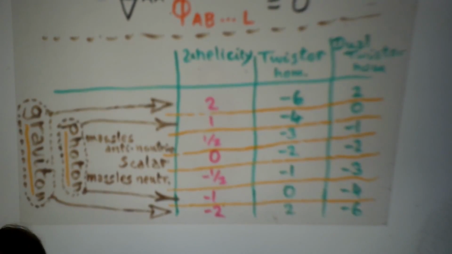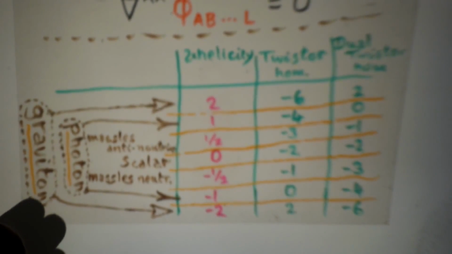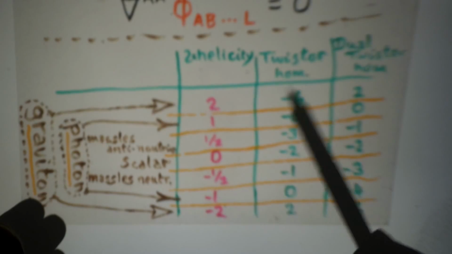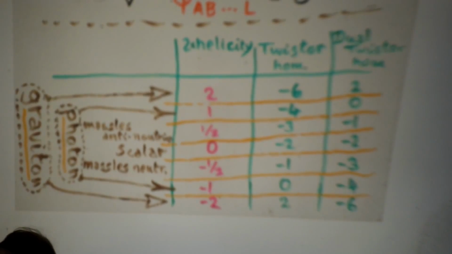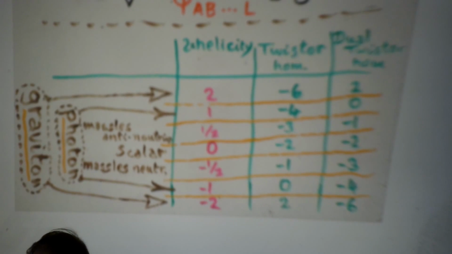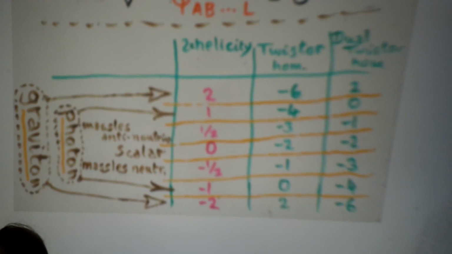And for a linearized graviton, you would have helicity 2 or helicity minus 2. Helicity 2 gives you minus 6, and minus 2 gives you plus 2, which is very lopsided. The lopsidedness is not important if it's working simply without worrying about interactions. It is important when you're worrying about interactions, and I'll say a bit more about that.